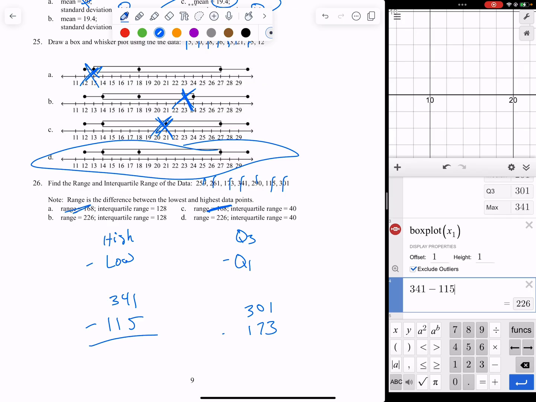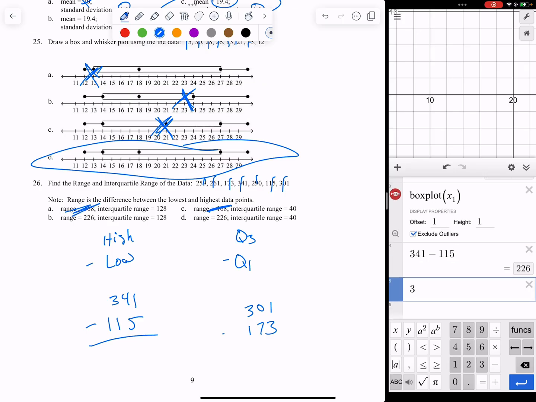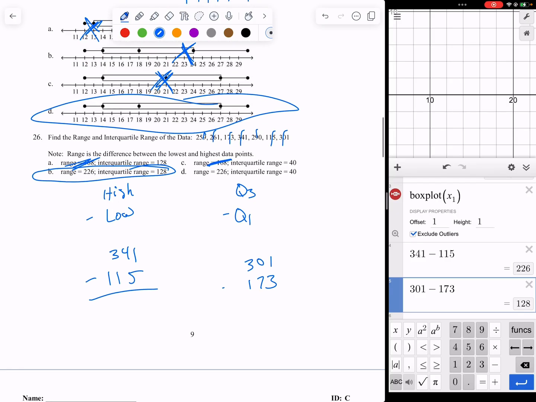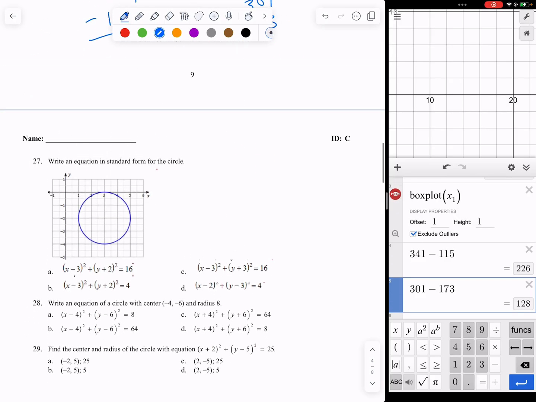Range is 226. So A and C are out. Now 301 minus 173 is 128. Guys, when you are putting these numbers in, hit pause and plug it in, because I'm guessing I do it faster than you do.